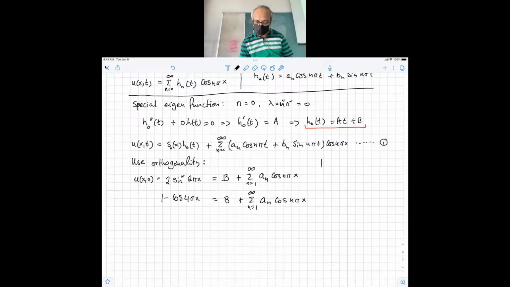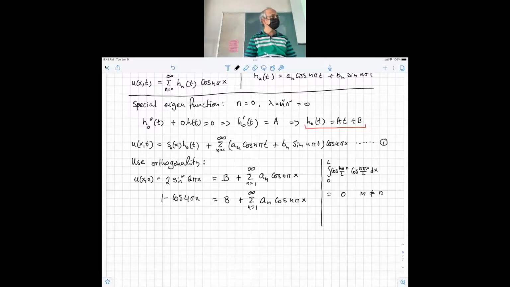So just recall the orthogonality. The integral from 0 to L of cos m pi x divided by L, you multiply by cos n pi x divided by L, hopefully readable, equals, maybe I can just use the space below, equals 0 if m is not equal to n.